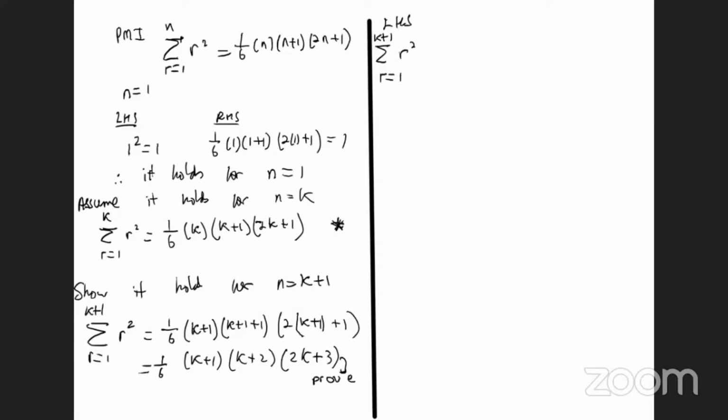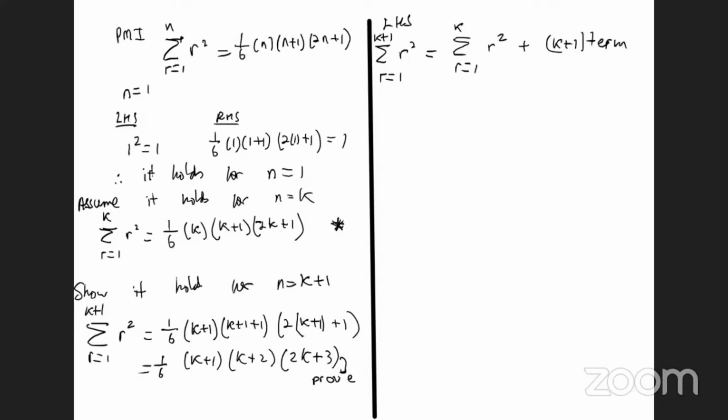Now we go back to what we did a little while ago, where we said that the summation of r going from 1 to k plus 1 is the same as the summation of r going from 1 to k of r squared plus the (k+1)th term. Okay, so what do I do now?